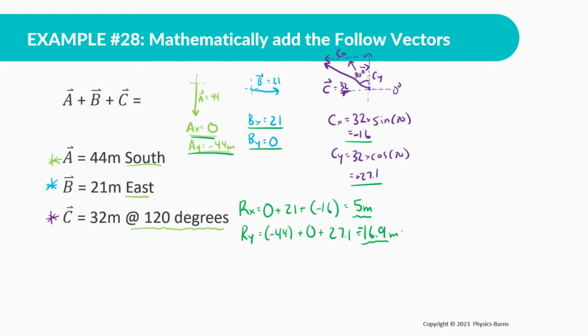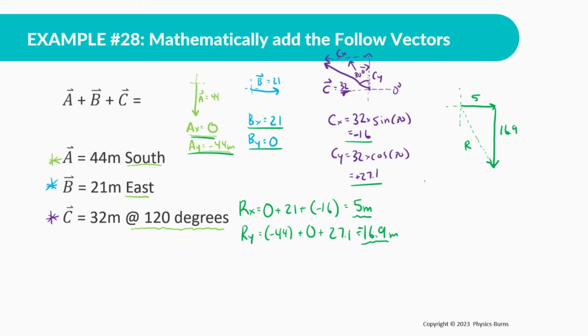Okay. Same thing now as we've been doing with the other one. Now we're just going to draw it all out. So draw out this resultant vector. I'm going 5 to the right, and then 16.9 down. And then again, the resultant vector looks something like this.